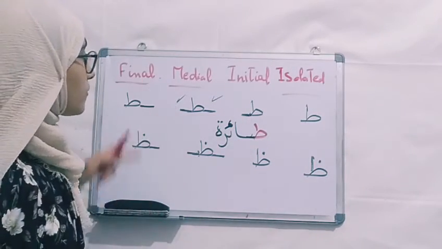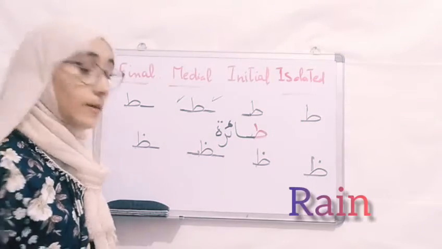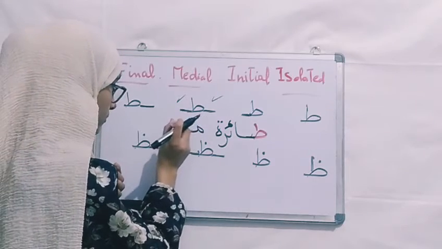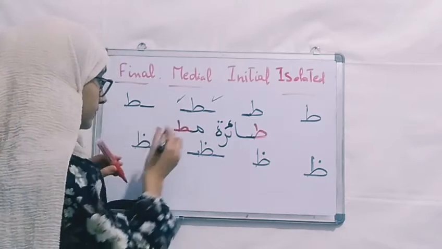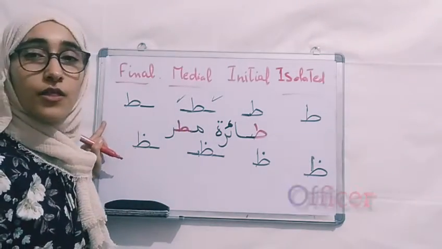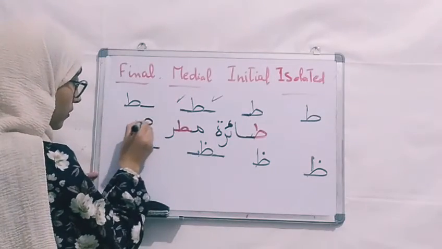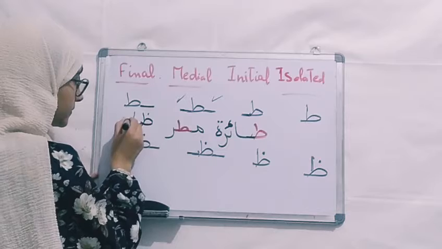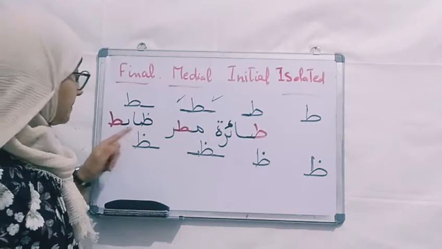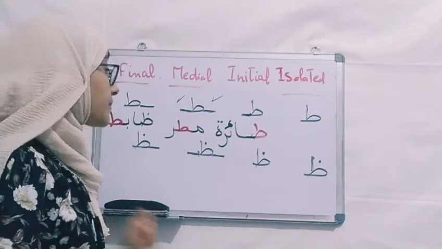In the middle form, for example, we have مطر. مطر means rain. It needs to be connected to before and after. And in the final form, for example, we have ضابط, which means officer. Also here, ظ in the final form.